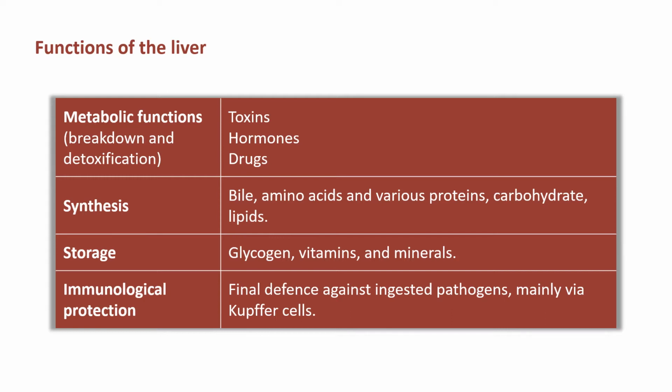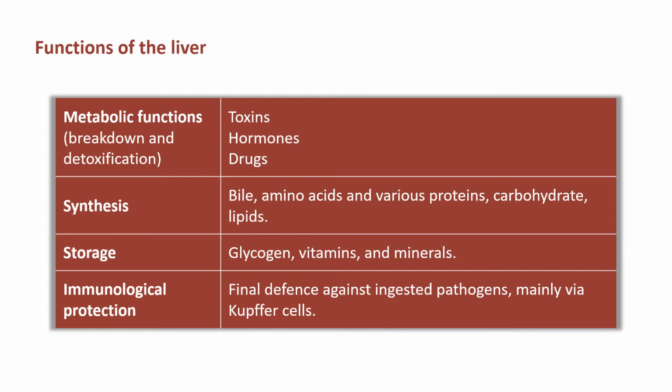Finally, we do have an immunological function, because if we have venous blood coming from the gastrointestinal tract, if pathogens have managed to evade the GI tract defense mechanisms and get into the hepatic portal system, the liver is the next line of defense.